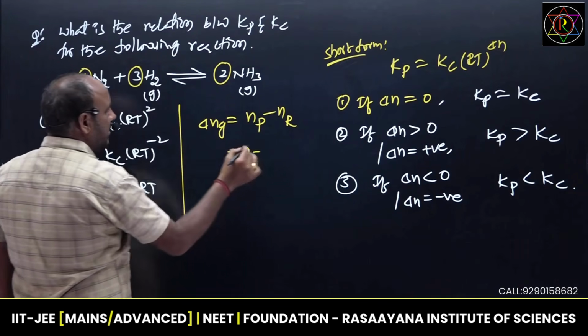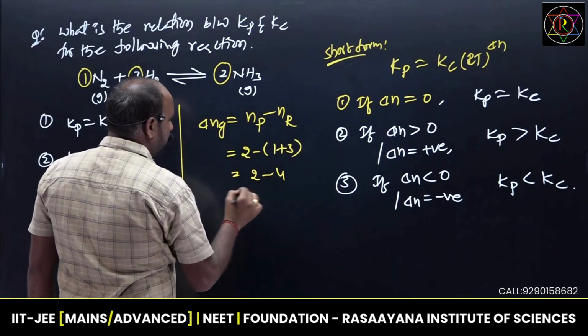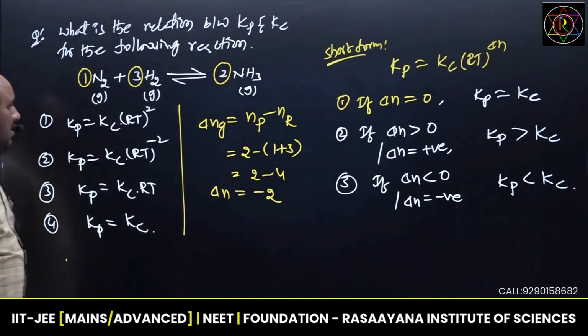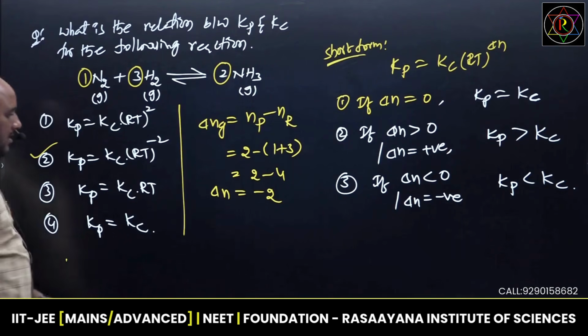Both are gases, therefore we consider 1 plus 3. Therefore 2 minus 4, that becomes minus 2. Delta n is equal to minus 2. Therefore we substitute in that equation and we get the answer: Kp is equal to Kc into RT power minus 2. Right.